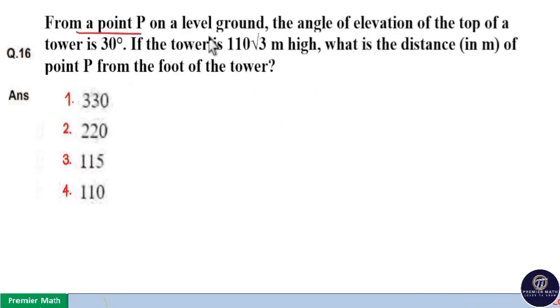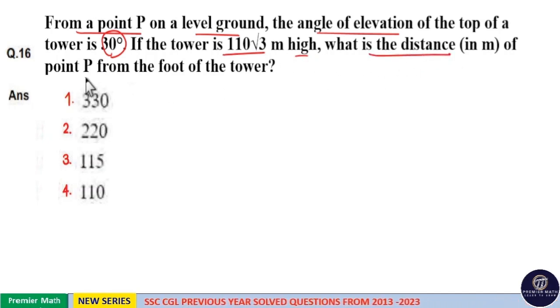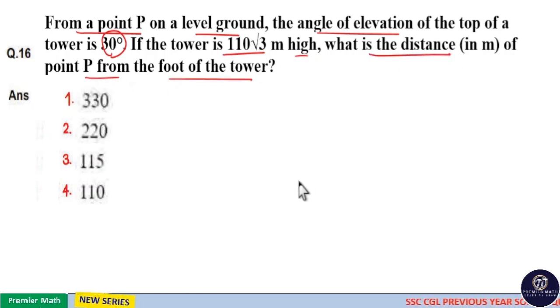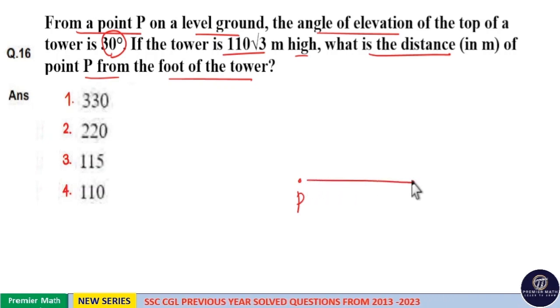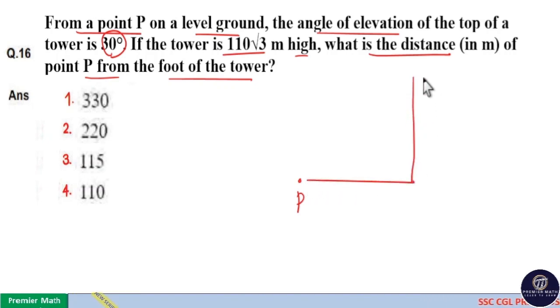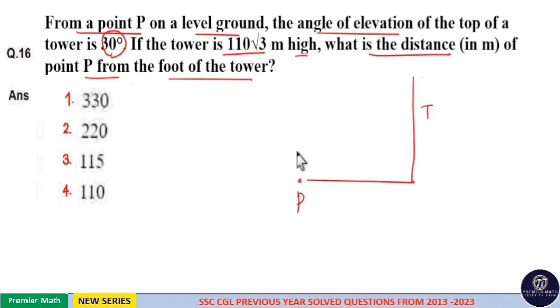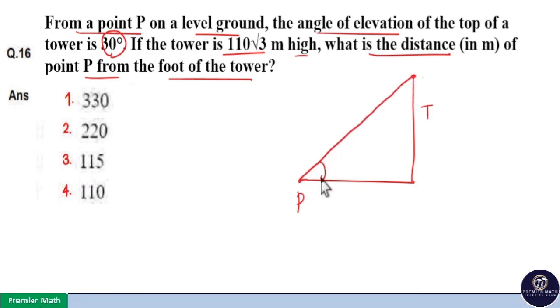From a point P on a level ground, the angle of elevation of the top of the tower is 30 degrees. If the tower is 110 root 3 meters high, what is the distance of point P from the foot of the tower? Now this is point P and this is tower T. Now the angle of elevation from point P to the top of the tower is 30 degrees.